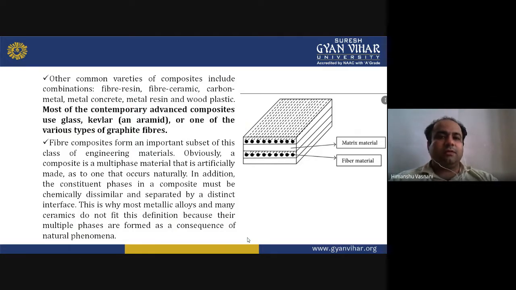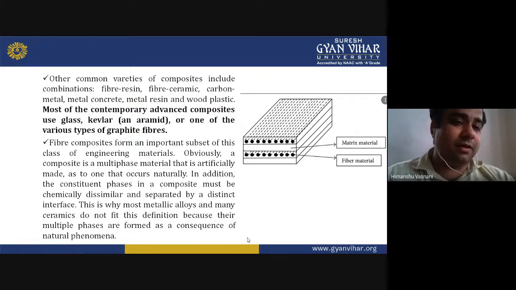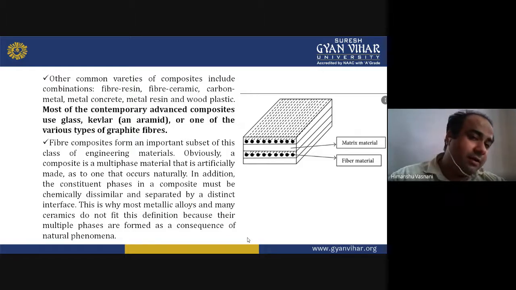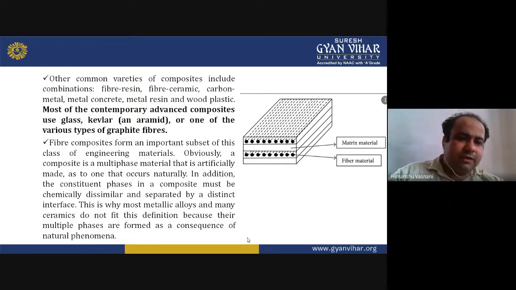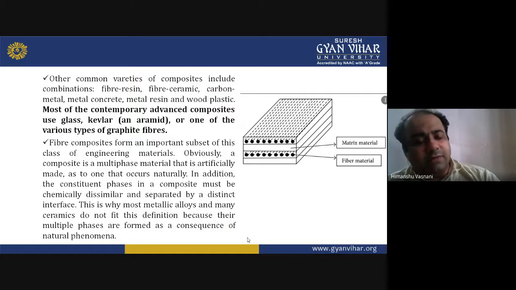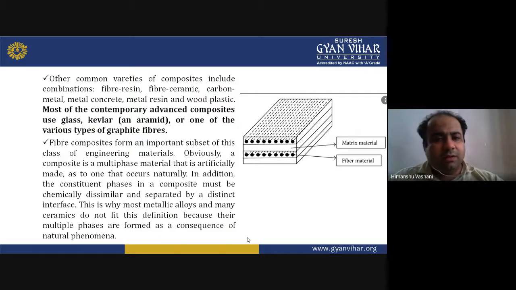Really interesting, the varieties are many. Most of the contemporary advanced composites use glass, Kevlar, modern aramid, and one of the various types of graphite fibers.